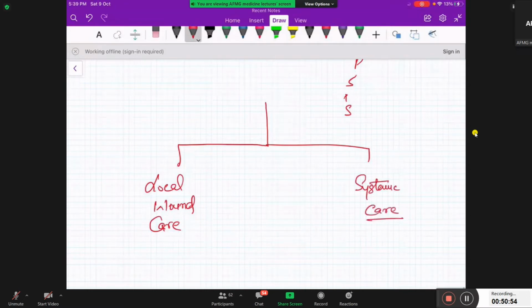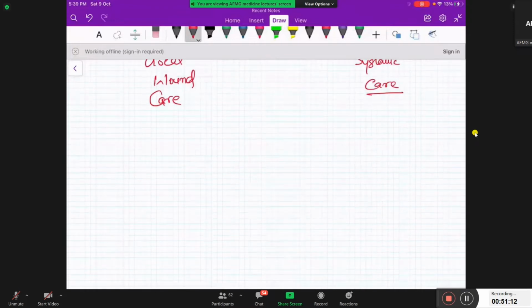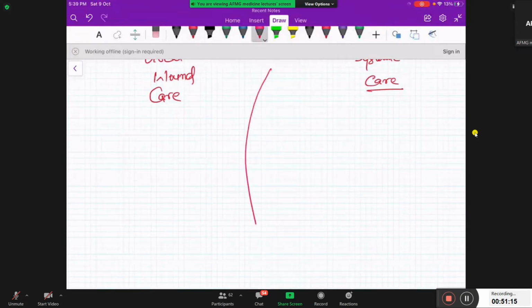How are we going to do a local wound care? How are we going to do a systemic wound care? We need to know. And this is a very important thing. As an intern, you will be doing all this. So this comes as an important thing for you. Now imagine I have done a laparotomy.